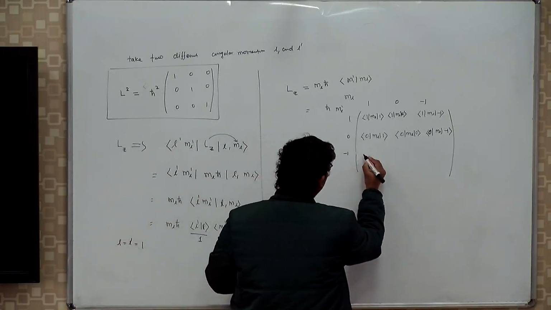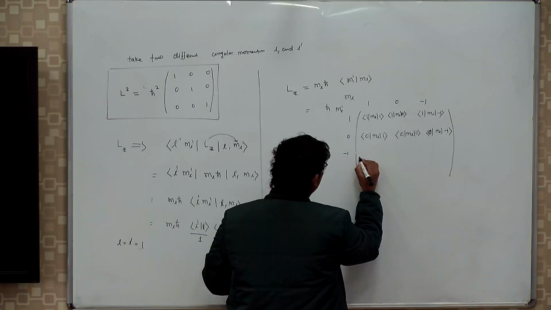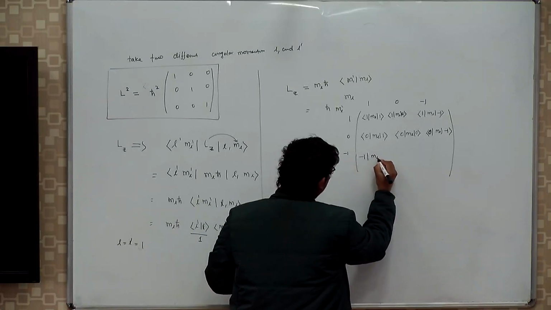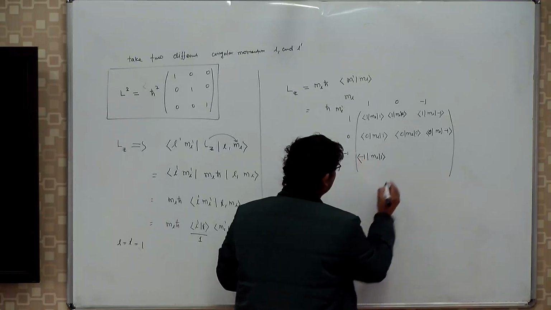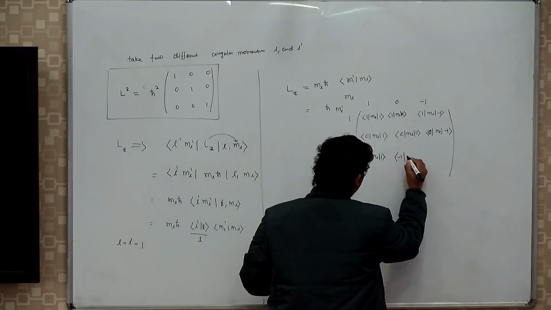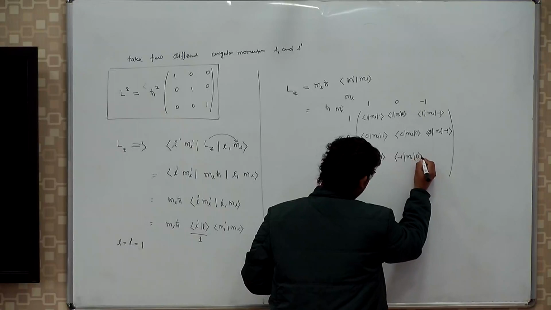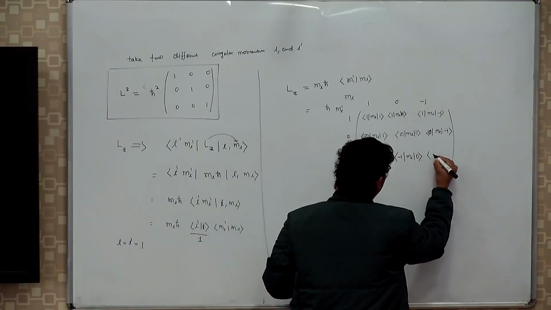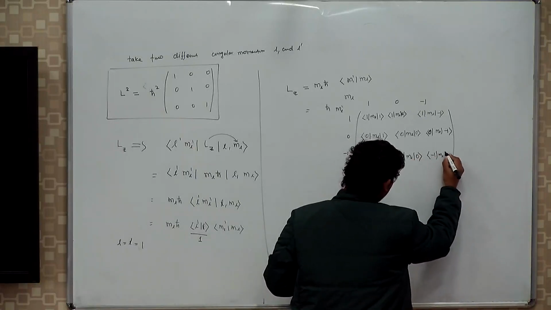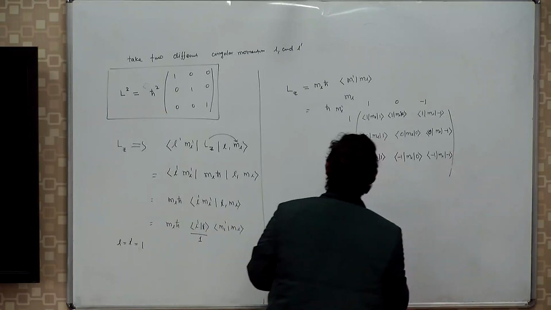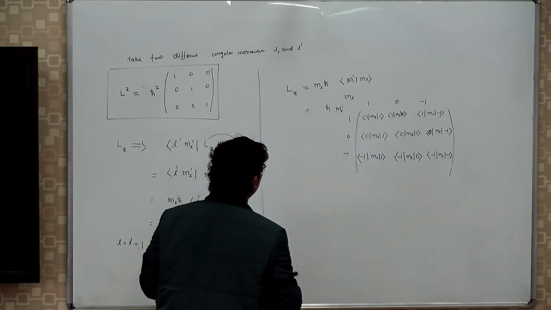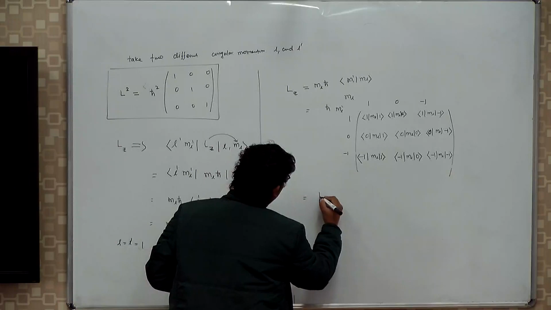For the last row, writing the inner product with minus 1 and 1, ⟨minus 1|m_l|1⟩, ⟨minus 1|m_l|0⟩ and ⟨minus 1|m_l|minus 1⟩. Then ħ outside.